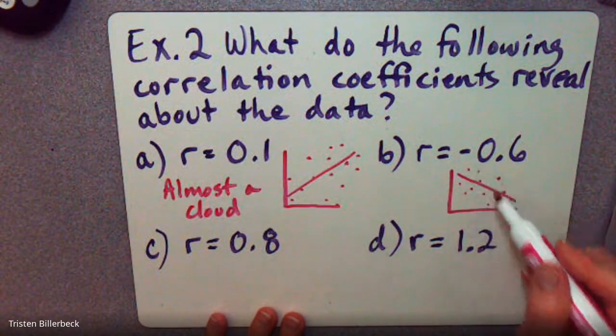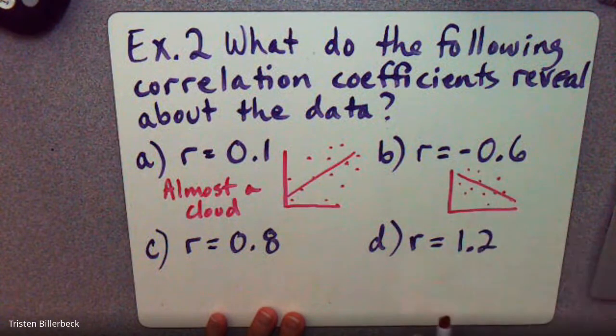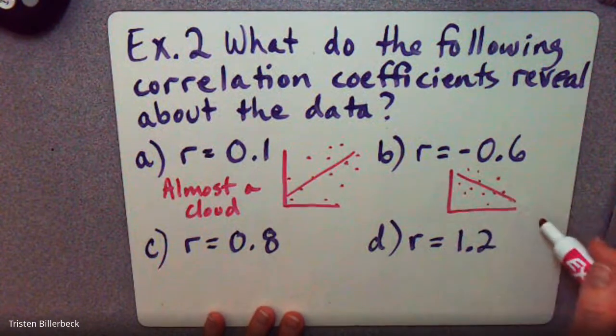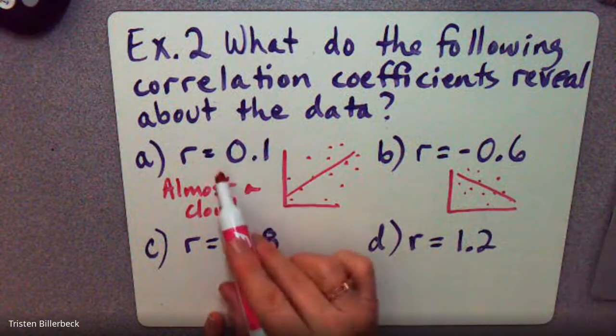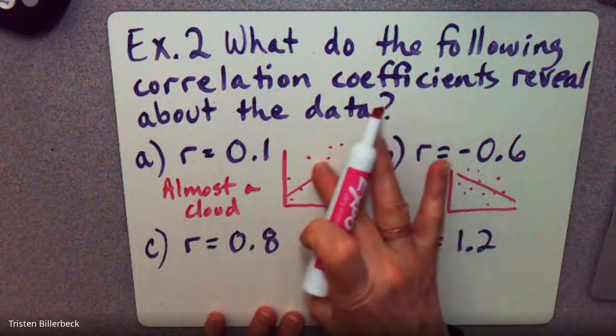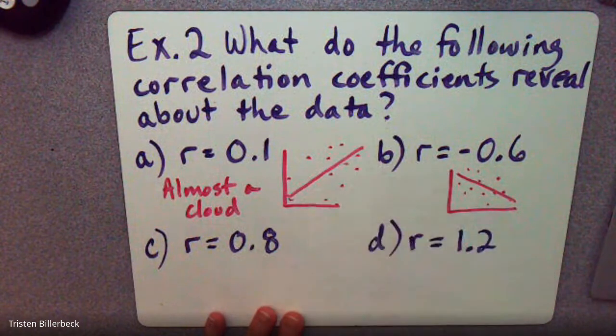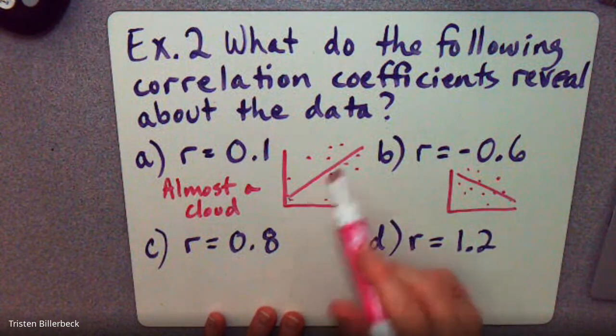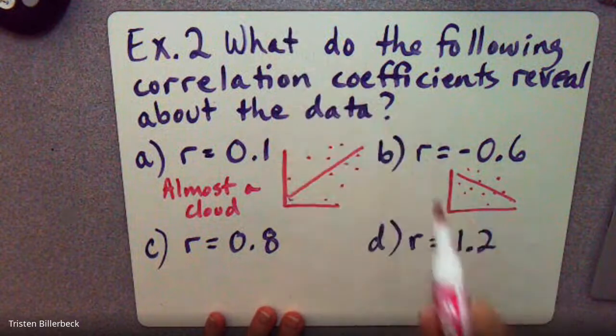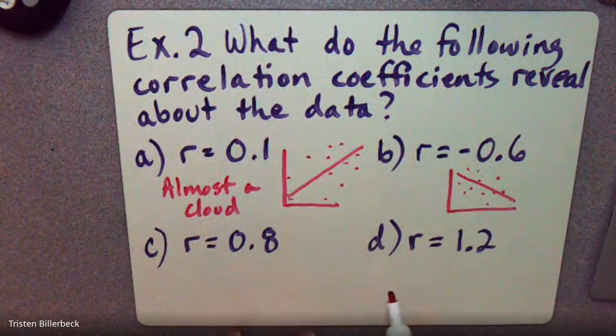At 0.6, we might have a few out there. Okay, but if this one's a negative correlation versus this one's a positive, that actually doesn't matter. The slope doesn't matter. It's the spread of the data that matters, okay?